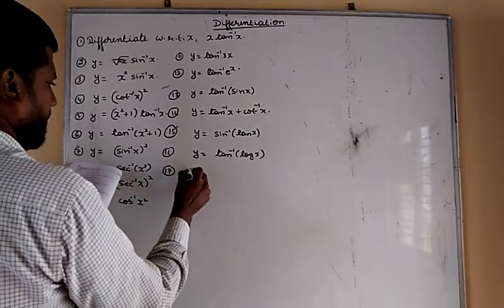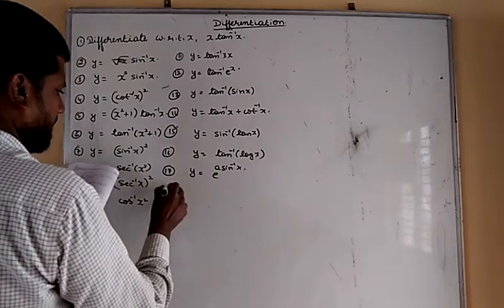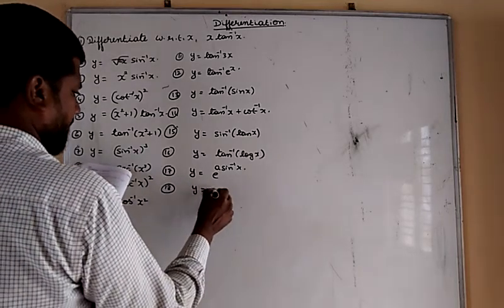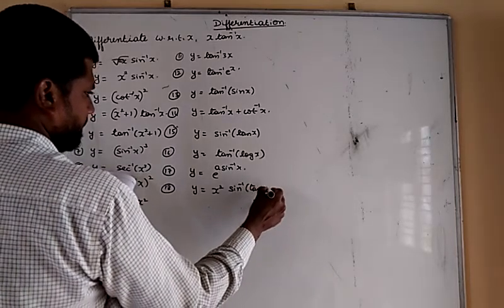Then y is equal to e to the power of a sin inverse x. Next one, y is equal to x square sine inverse of tan x.